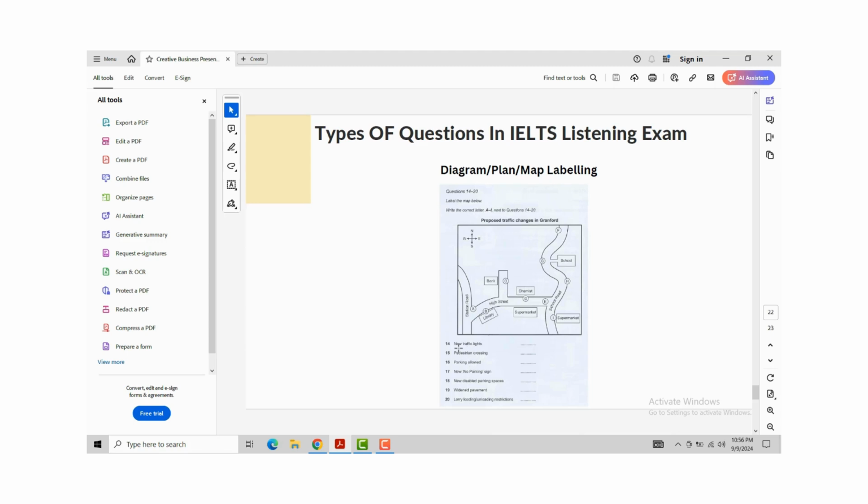For example, the answer to question A will be new traffic lights or pedestrian crossing or parking allowed. So you have to listen to the recording, then go through the list of options and choose the corresponding options for question A to question F.